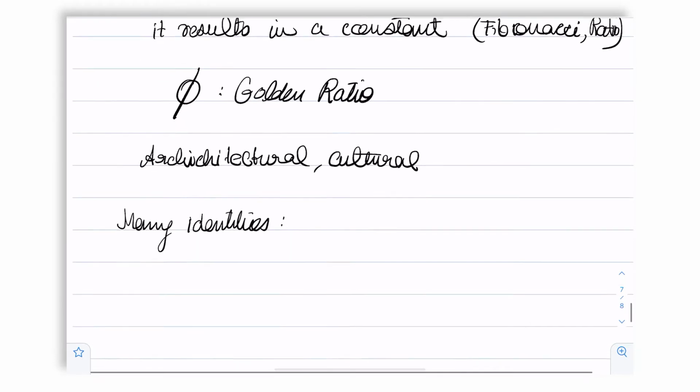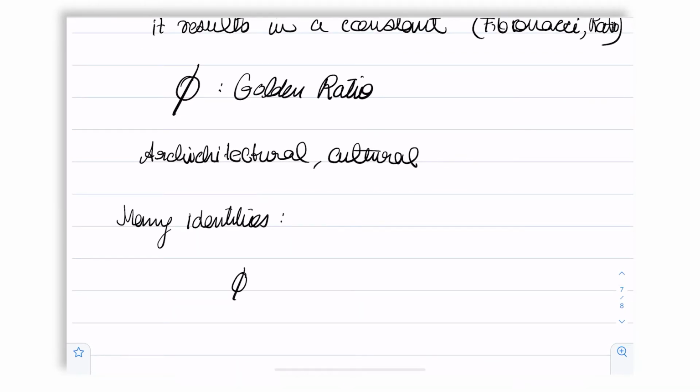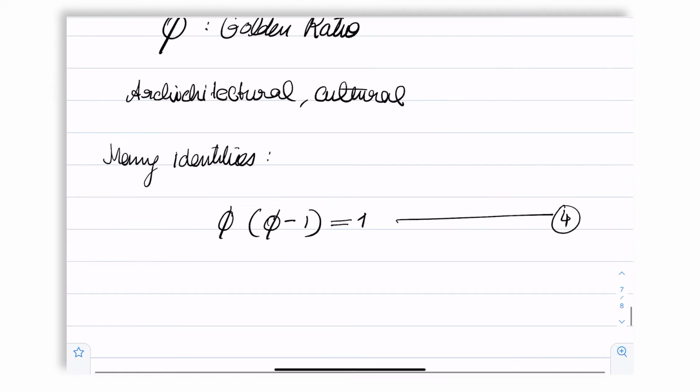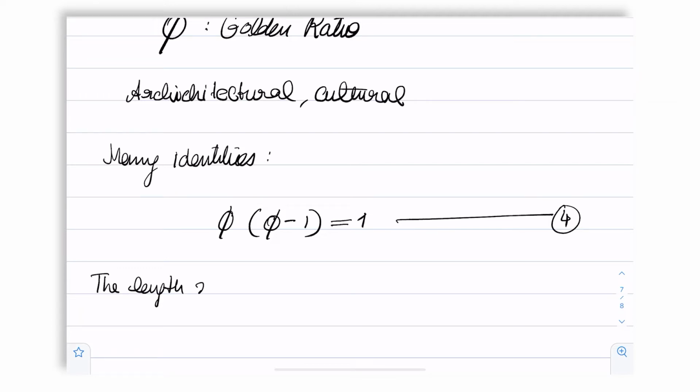So it can be shown that phi into phi minus 1 is equal to 1. We call this equation 4. And the lengths x and 1 minus x can be expressed in terms of phi.